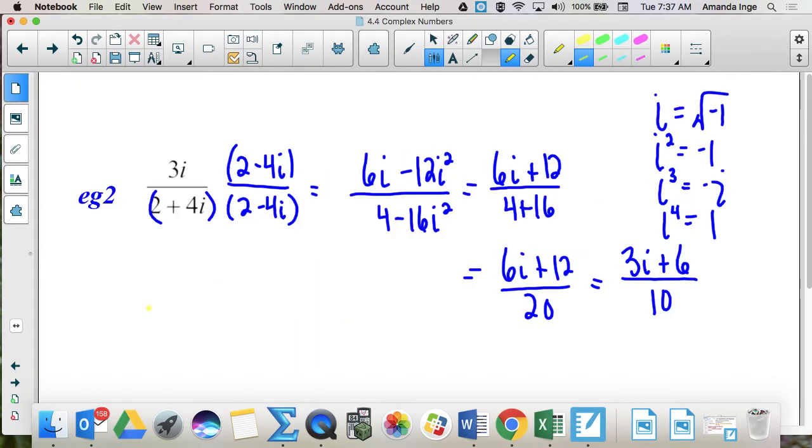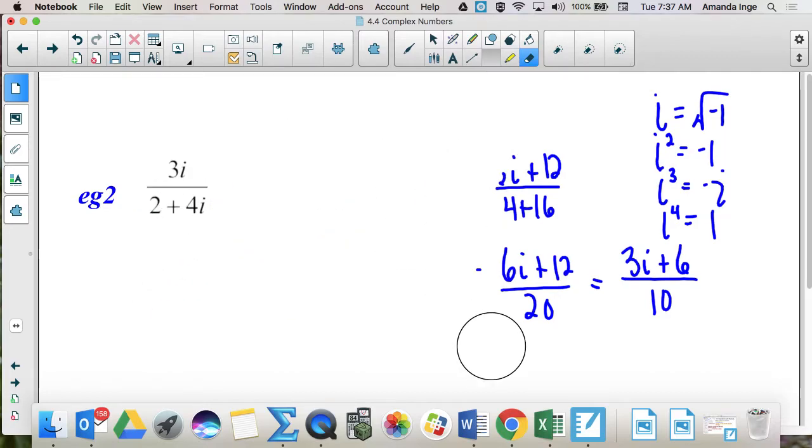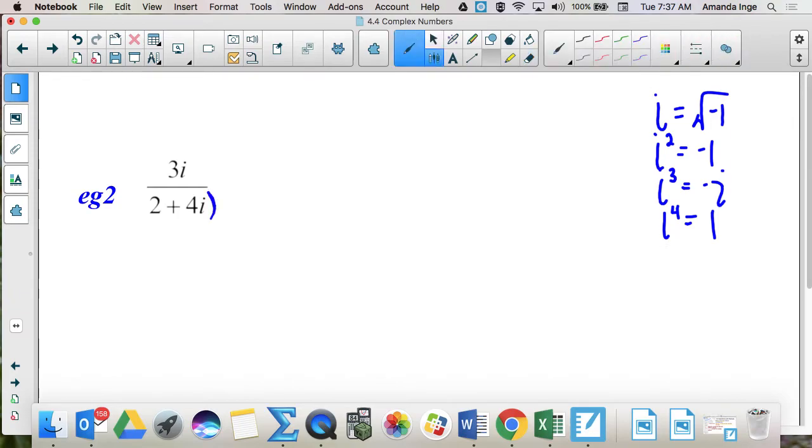So my next example, it is already as a complex number, so we would just multiply by the conjugate. So we're going to multiply by 2 minus 4i, 2 minus 4i.